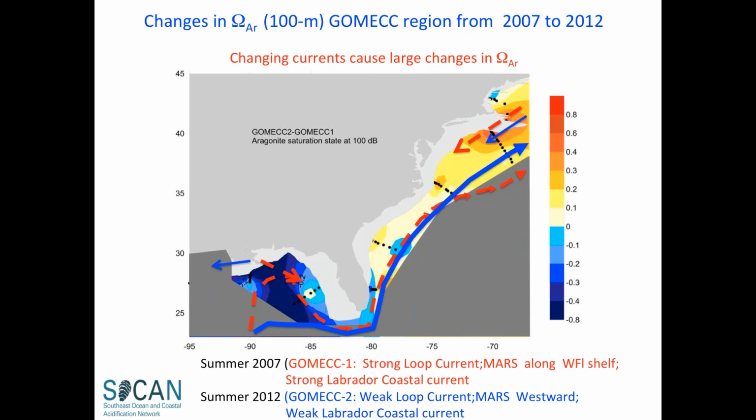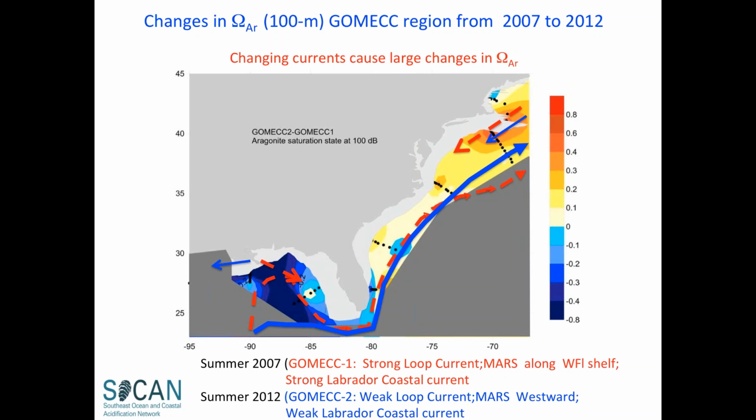So what you have is this dynamics in the north between the southward flowing Labrador current, which has a very low saturation state, and the northward flowing Gulf Stream, which has a very high saturation state, which has a determining influence on the northeast.